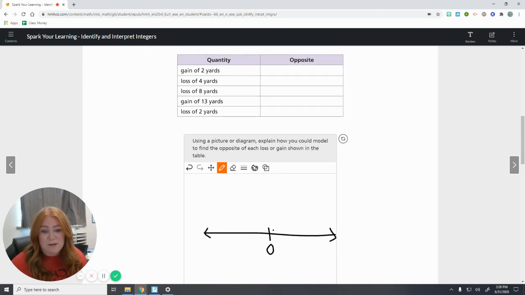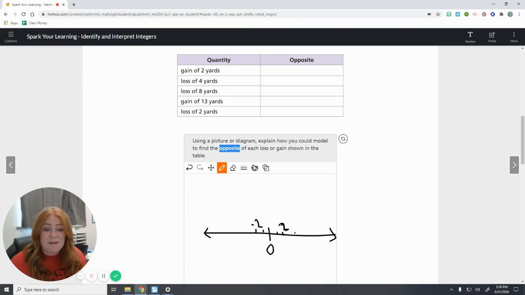I know that if I gained 2 yards, here's 1, 2, that I am getting 2 in the positive direction. And again, we're trying to find the opposite of that. If I went the opposite, that means I would have to lose 2, which means I would have a negative 2.